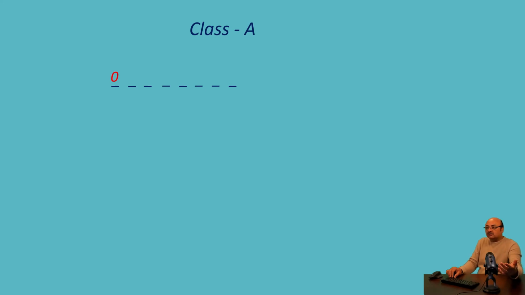So let's do it and see what values we get. If I set all the remaining 7 bits to 0, I get the decimal value of 0, and this is my minimum value.